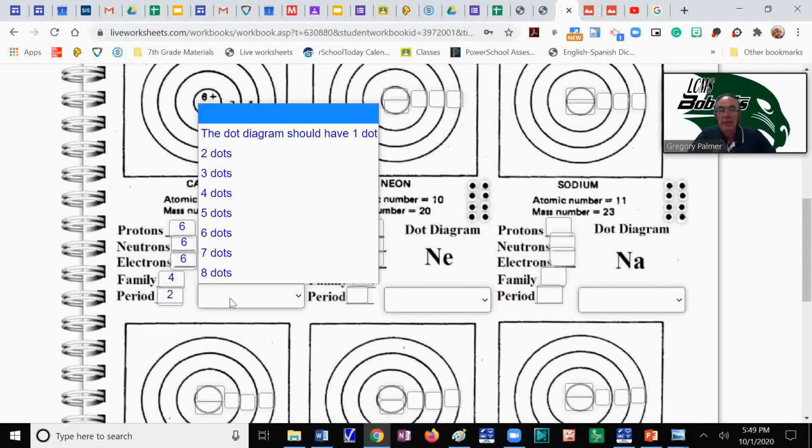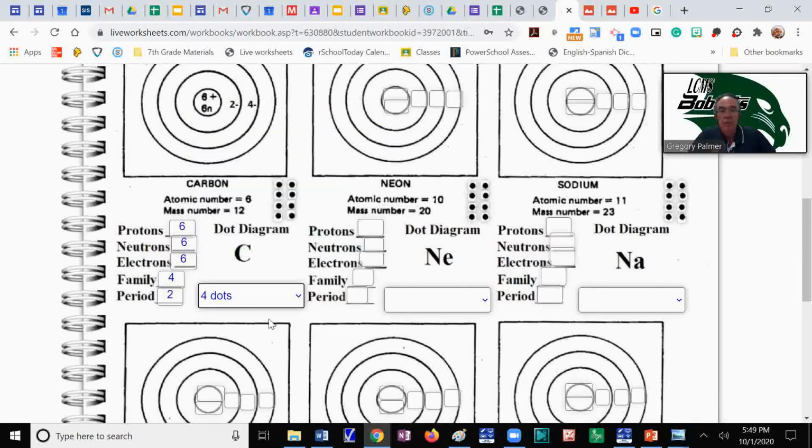How many dots should be in the dot diagram? Well, we said it's in family 4, and it has 4 balanced electrons, so there should be 4 dots in the dot diagram. And we can go ahead and put the dots on. And we're going to go in groups of 2 around the symbol clockwise. I'm going to put an extra one here someplace.